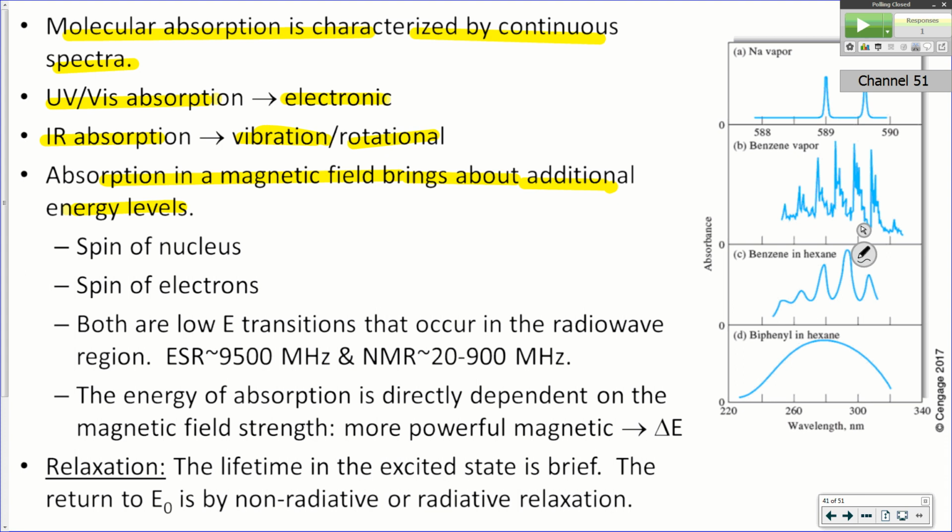So what I mean by these, if you look at the spin of an electron, those energy levels are the same without the presence of a magnetic field. But if we apply the sample into a magnetic field, it causes a separation of those two spin levels. If you want to think of it, an E of an upspin and an E of a downspin, that are now separated in two different energies.